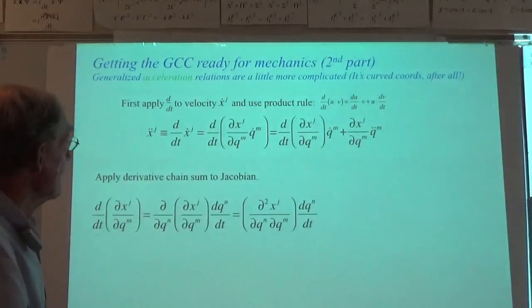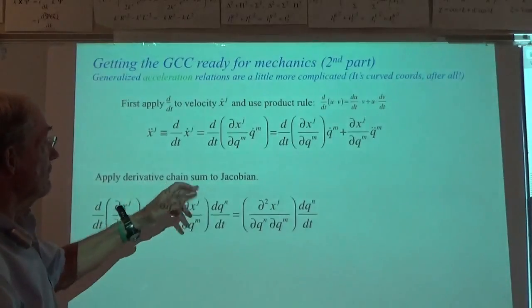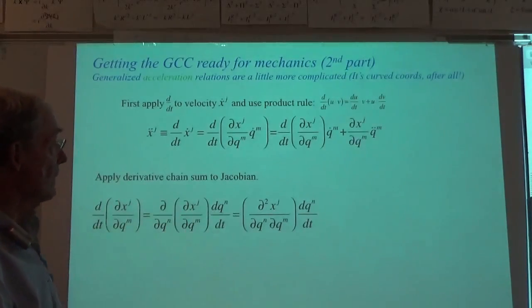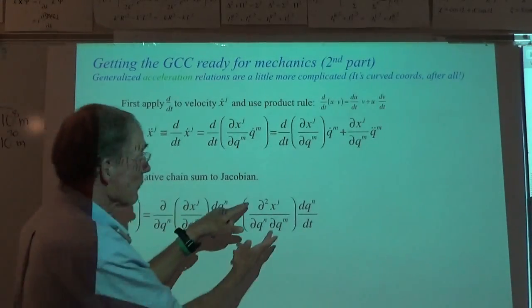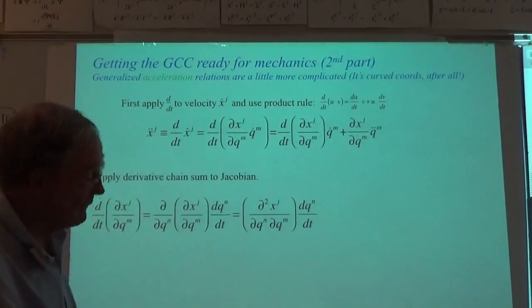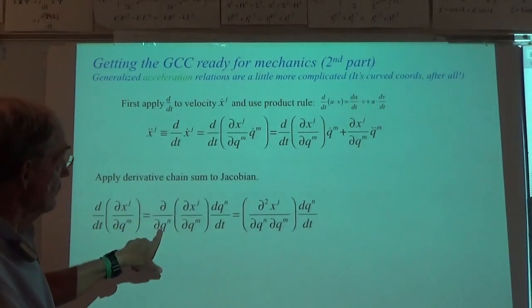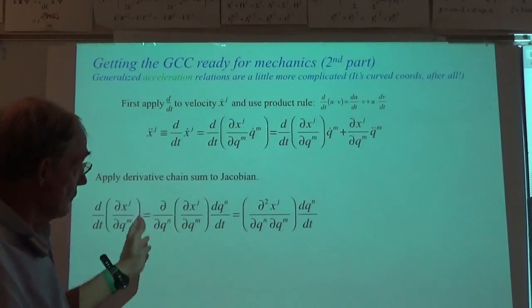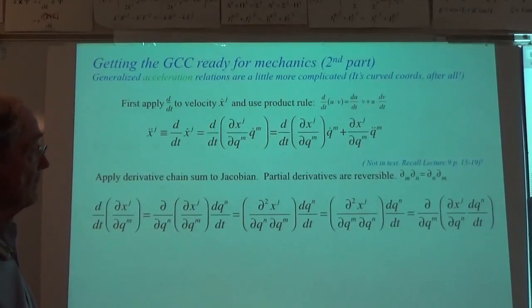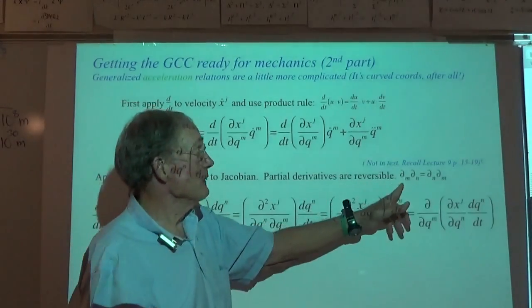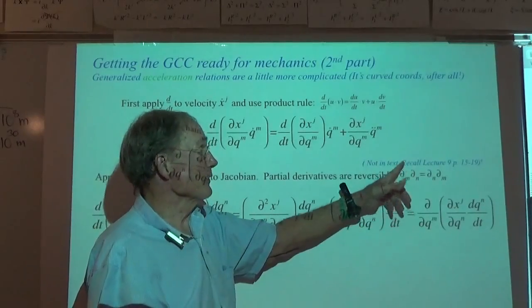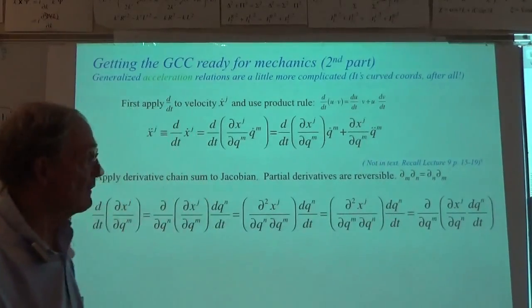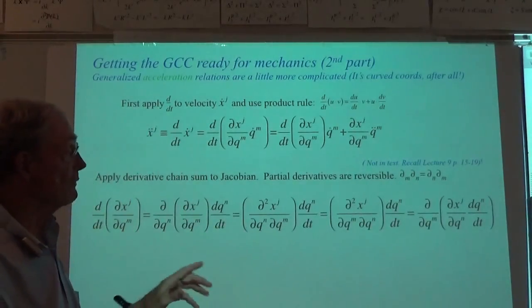And anyway, when you apply the derivative in this way, you get a second order partial derivative. Okay, so this partial with respect to qn is then happening after I've already done a Jacobian, which is a partial with respect to qn. But remember, they're reversible. This is this thing that came with lecture 9 as a review of calculus.